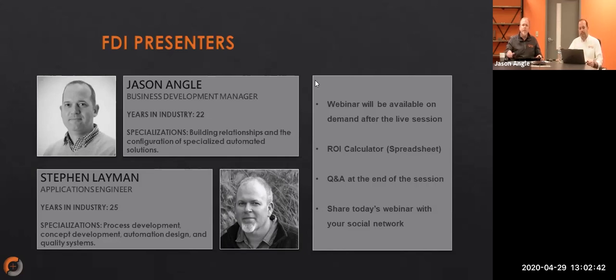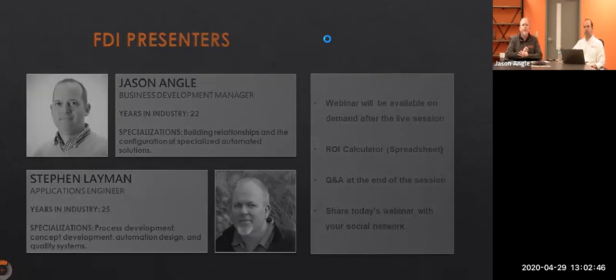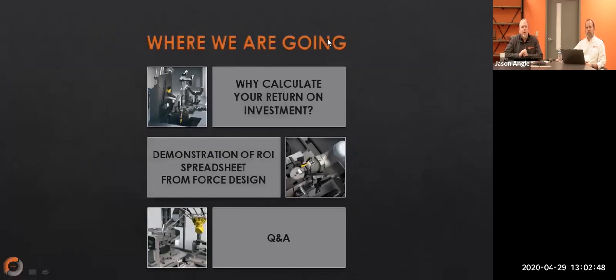First thing I'd like to do is just talk about where we're going to go today. First and foremost, we'll talk just a little bit about the state of manufacturing, talk about automation in general. And then the heart of what we're trying to do is we'll demonstrate our ROI spreadsheet for you. We'd like to do that with an actual project that we did a couple years back.